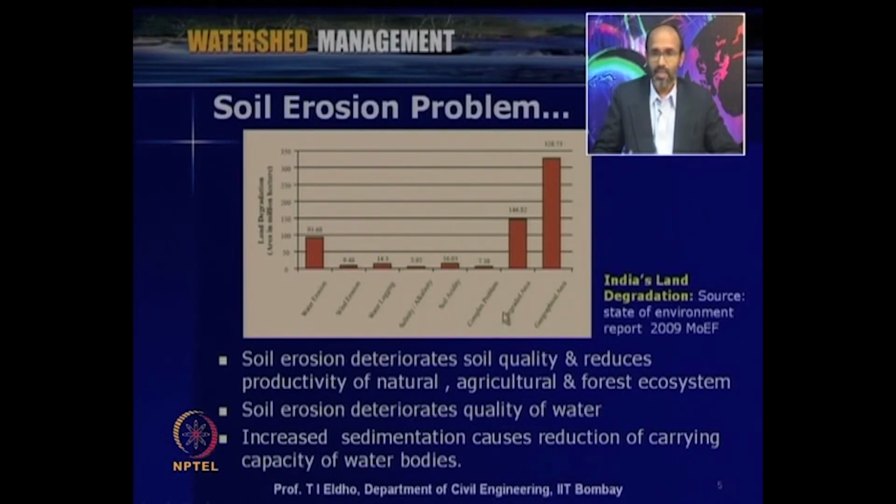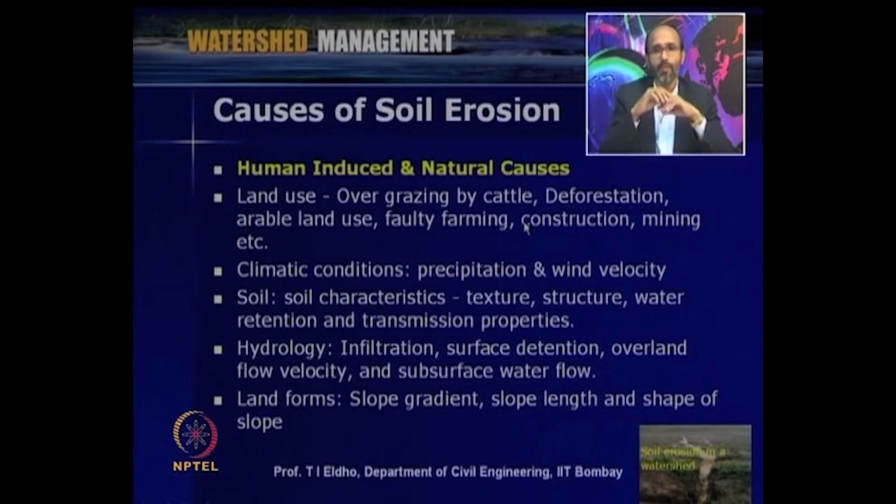We have seen that the sediments will be carrying pollutants, and that will also deteriorate the quality of the water. Then it increases the sedimentation, and that causes reduction of the carrying capacity of water bodies like reservoirs, lakes and rivers. So, with this background, let us look into the various causes of soil erosion.